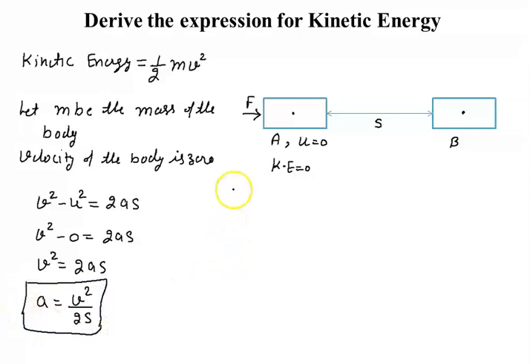Now we will find out the work done on the body in moving from point A to B. For work done, we know that work done is equal to force into displacement.